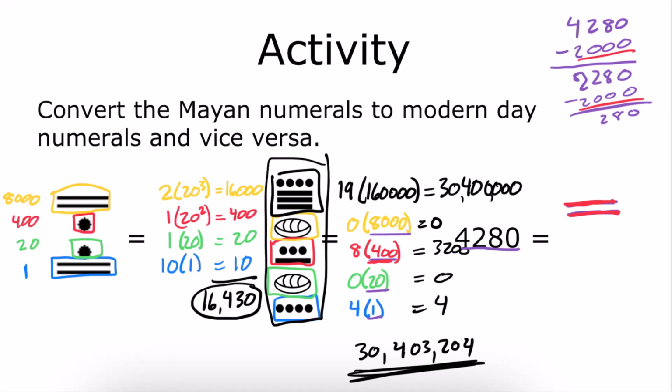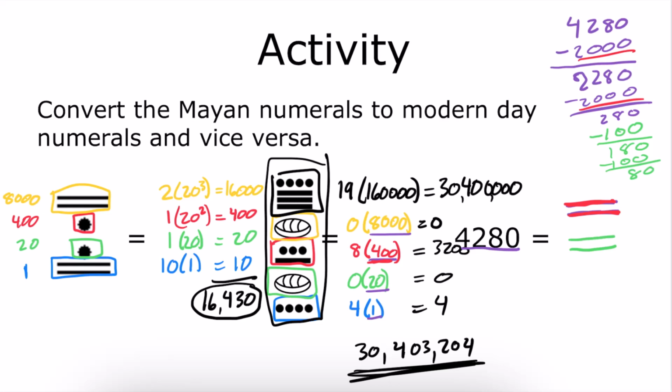And then for my next place value, I need to say, okay, well, how many 20s do I have in the number 280? So 5 20s is going to be 100. So if I subtract 100, I can draw that as a line in my second place value. And that leaves 180. And I could also subtract another 100 from this, which leaves me with 80. And so that would be in my second place value.